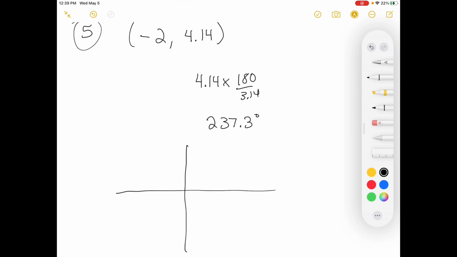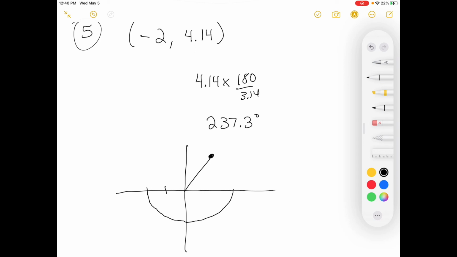All right, so let's graph this. We're starting on the left side. We're going in the positive direction, 237 degrees. So we'll go 90, 180, and we're going 57 more. So about right there.